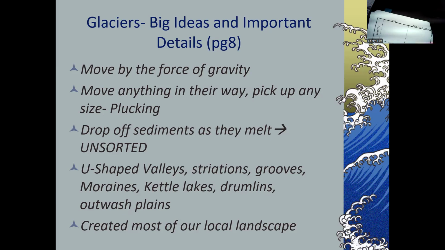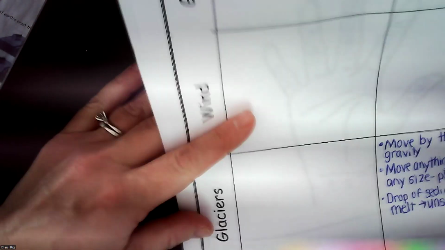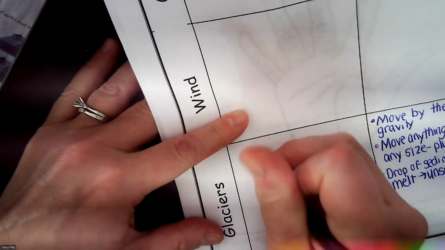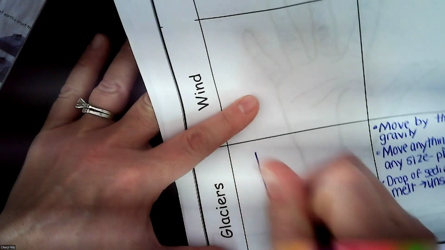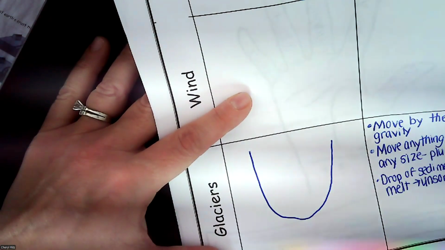Everybody get that? Okay, couple more things. What should we draw for the sketch of this? Let's start there. What's one really big thing about glaciers that we can draw? Simply. Avery's got it. Let's draw this. What is this?